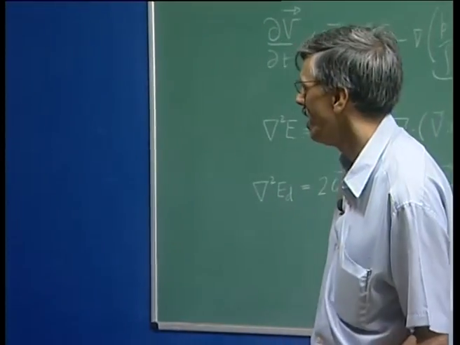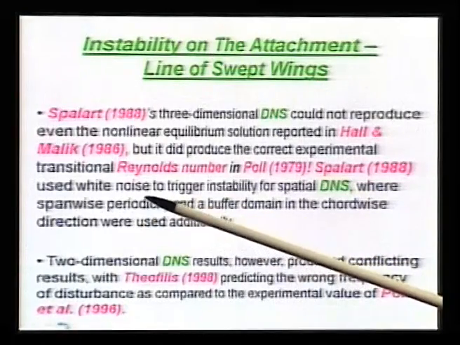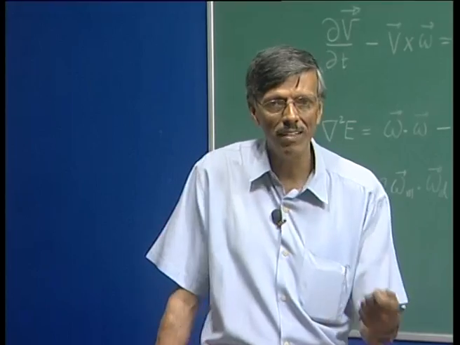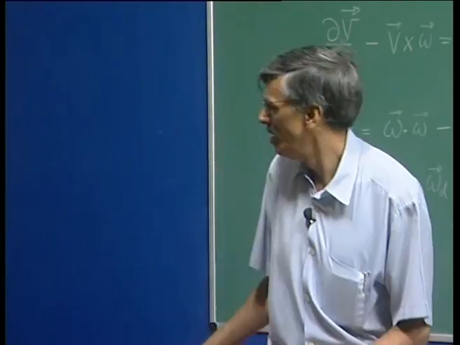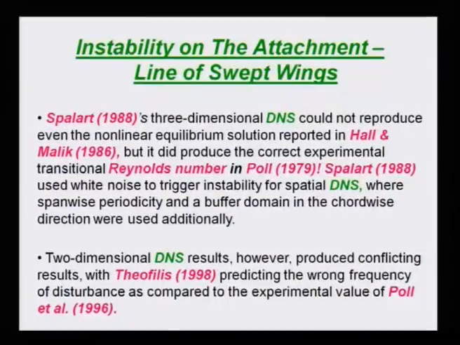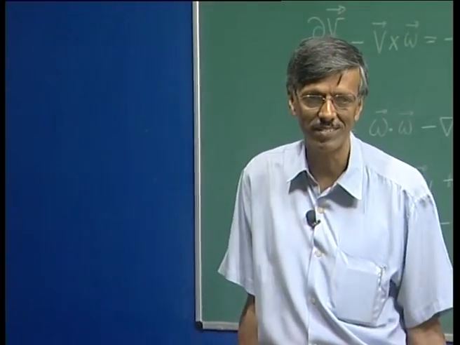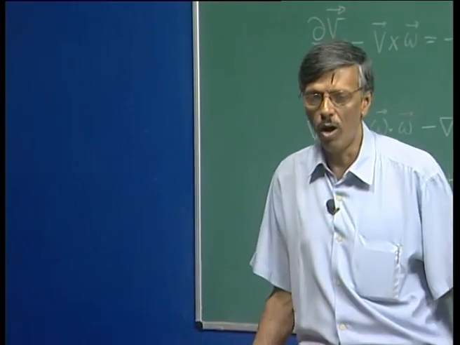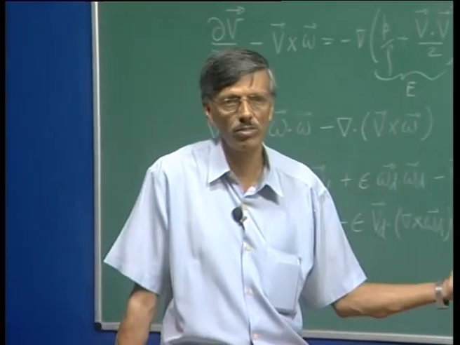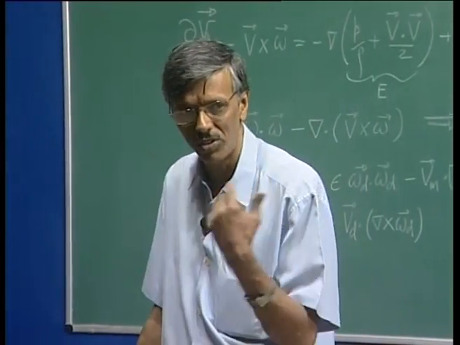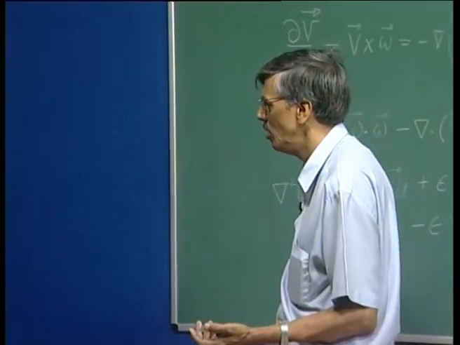And then of course, there is this kind of artificial constraint dictated by the computational constraint. He took a finite span-wise domain and said the flow is periodic in that direction. Although I do not think this is a major issue as such, because our calculations were done for 2 dimensions, so you do not really need to worry about the 3-dimensionality of the flow.